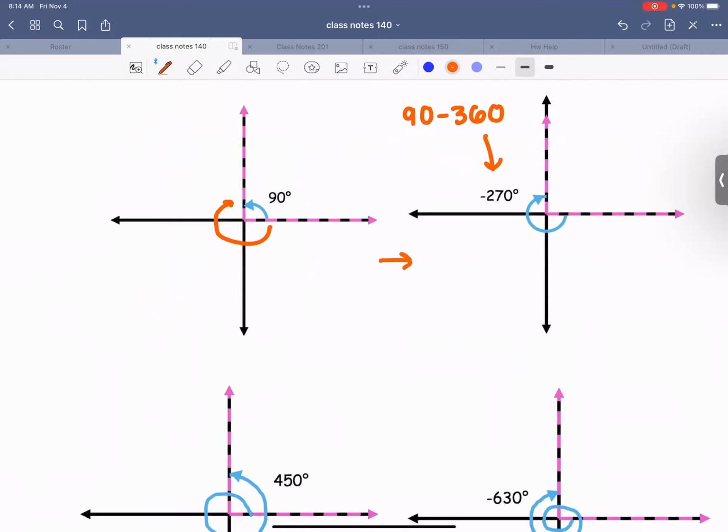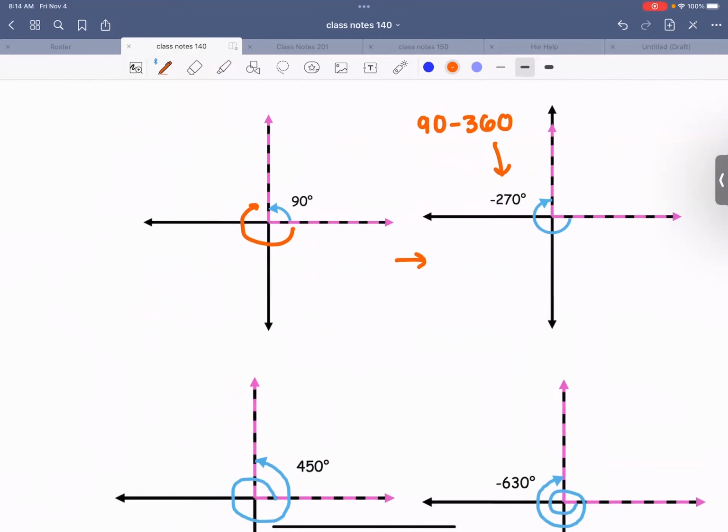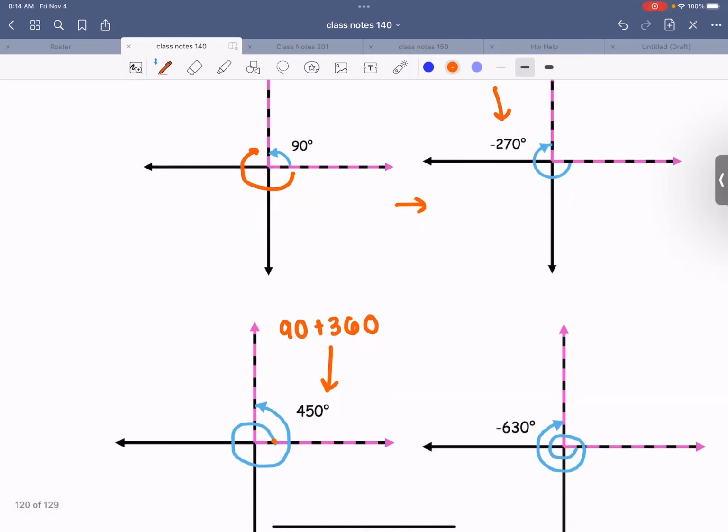Okay, well, I can even go further and I can take my 90 degrees and instead of subtracting 360, I'm going to add 360. So that gives me 450 degrees. Now this angle looks weird because we're starting at the initial side.